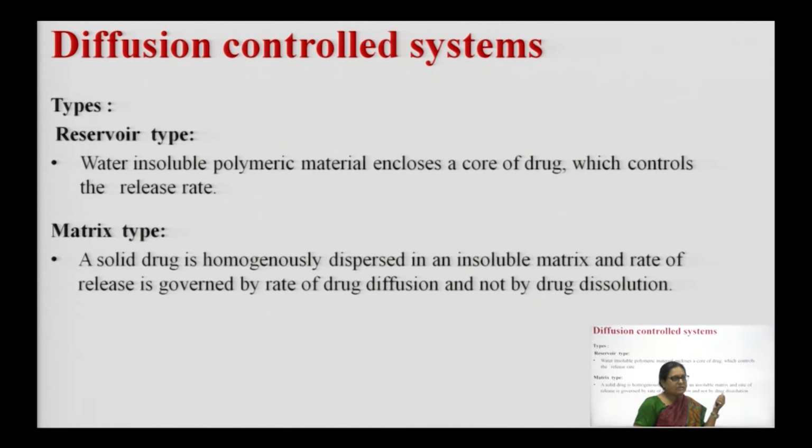In earlier systems where we were talking about dissolution controlled matrix type of systems, there the rate of release was dependent upon the rate of erosion of the matrix, but here it is dependent upon the rate of diffusion of the drug across the polymeric matrix.